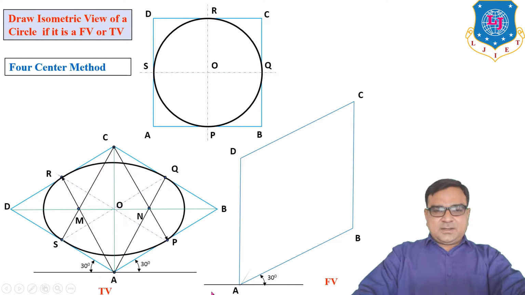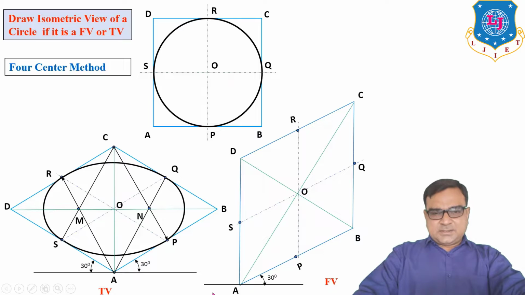Okay, now join diagonals AC and BD. Find the midpoint or center. Draw a line from O parallel to AB and a line from O parallel to the base, to obtain the midpoints of every side, PQRS. Now which one is the smallest diagonal?